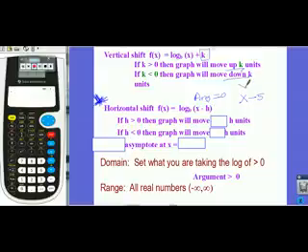So this had to come from x minus a positive 5, right? When I set this equal to 0 and solve, I'm going to add 5 to both sides, and I see that x equals 5.